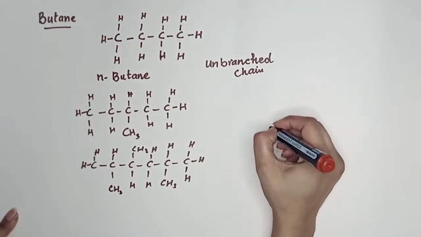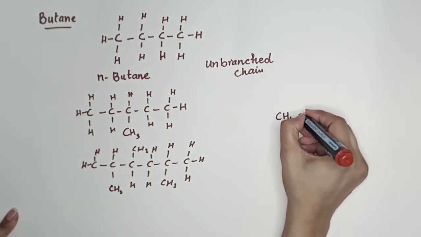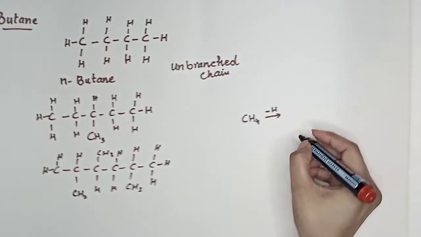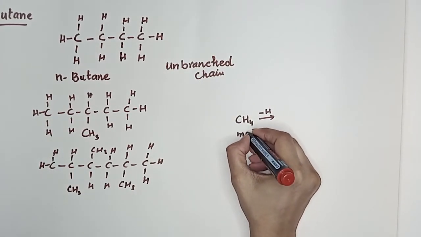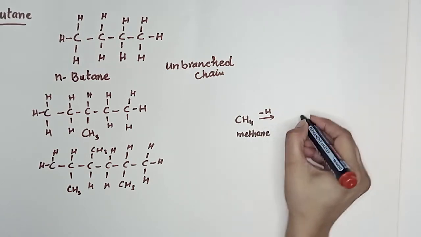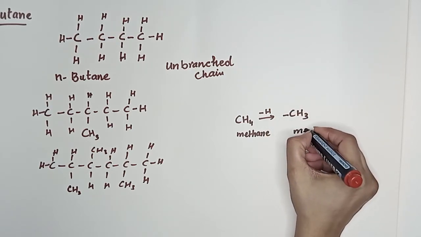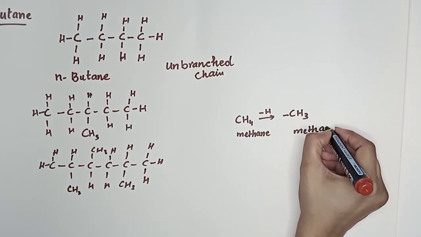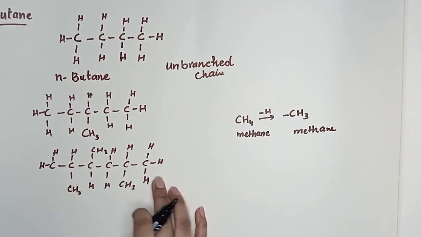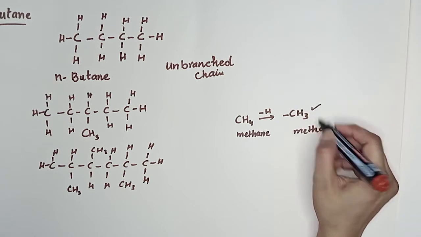First of all, remember, when we remove one hydrogen from any alkane, methane will convert into a name that is methyl. It will form CH3, methyl. If the alkane is in the series beyond this carbon atom, we will name it like methane.